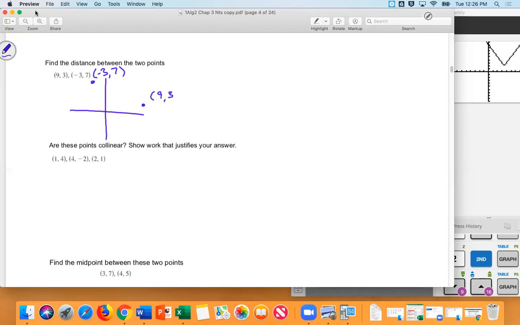So I think to myself, it's kind of like a triangle. And I'm after that piece right there. You guys see where I'm going with this? Now, this piece, the dotted line going up and down, is the difference between 7 and 3. That's 4. You can count the blocks, right?